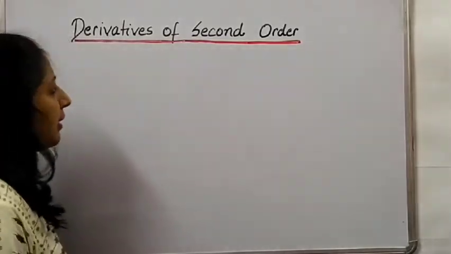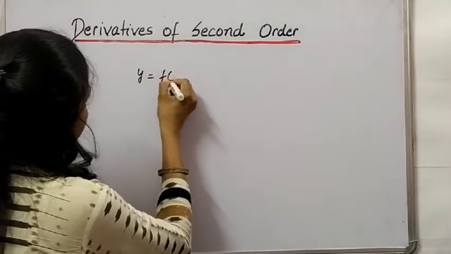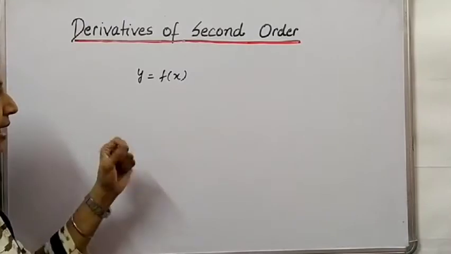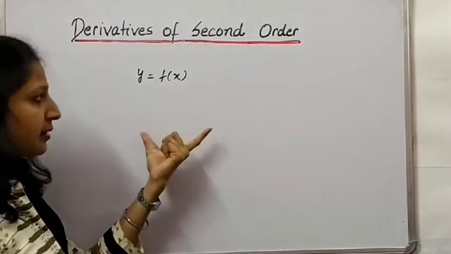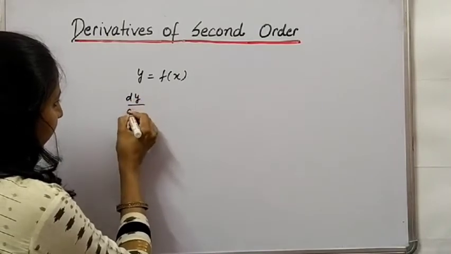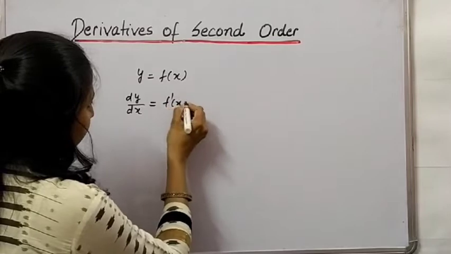So students, let me have a function y is equal to f of x, that is, y is a function of x only, right? And we know if we differentiate it both sides with respect to x, then we write dy by dx is equal to f dash x.